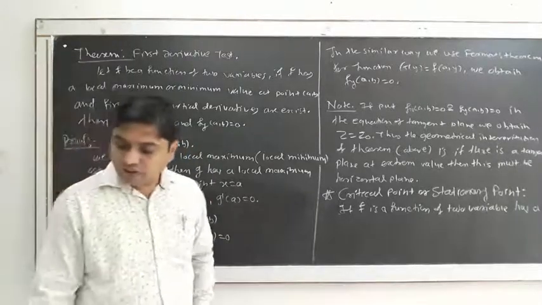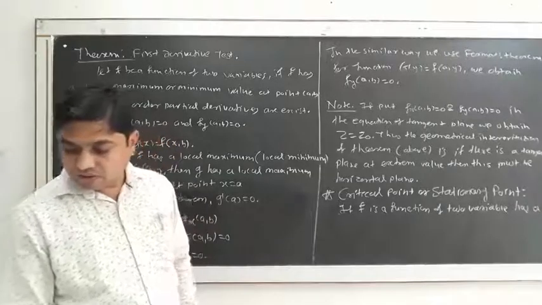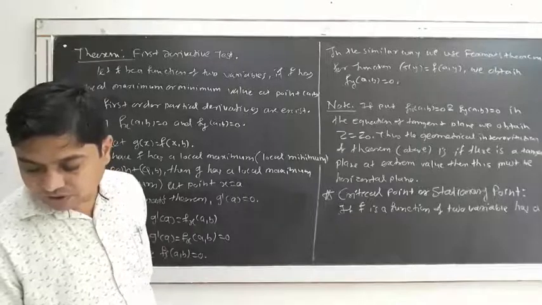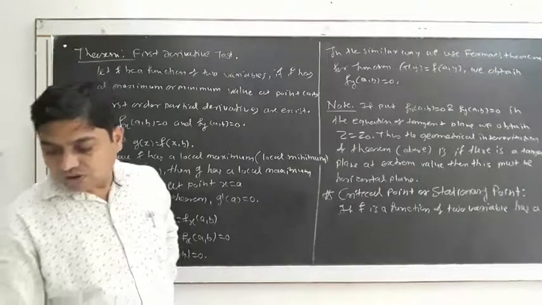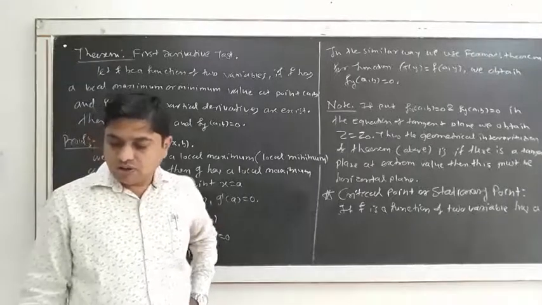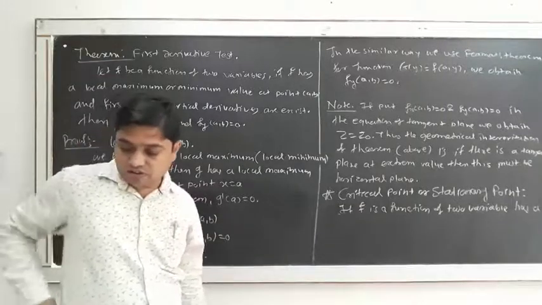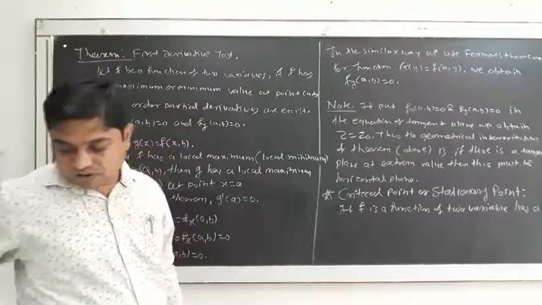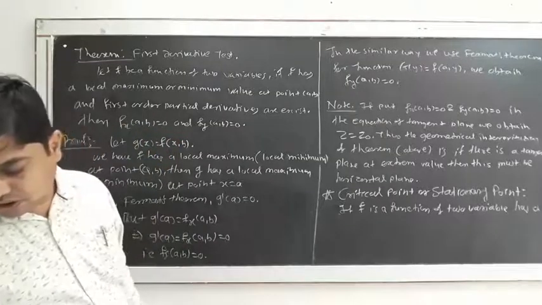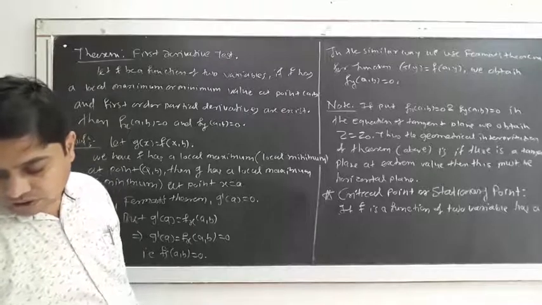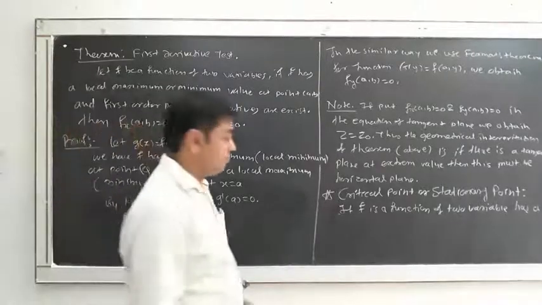A point (a,b) is called a critical point of the function f if fx(a,b) is equal to 0 and fy(a,b) is equal to 0, or if one of these partial derivatives does not exist. At a critical point, a function could have a local maximum, local minimum, or neither.